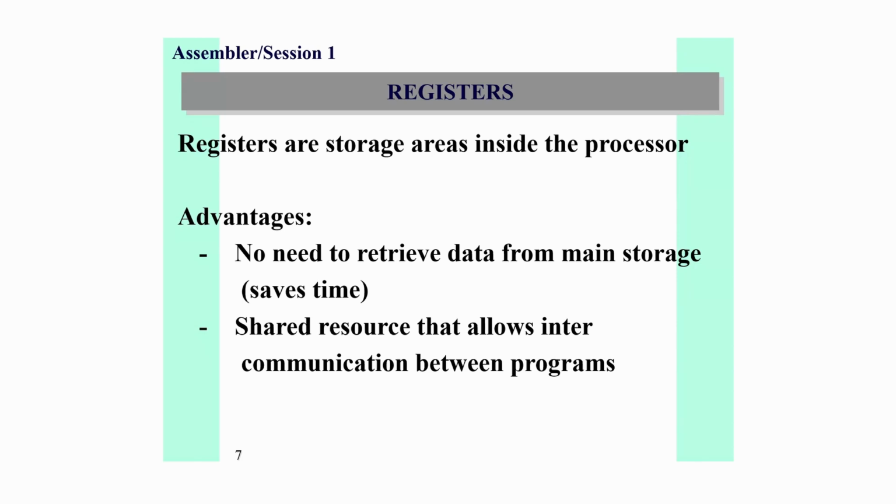But you won't be directly involved with the registers in COBOL. But in assembler, you are responsible to interact with the registers to make your work done. So that is another important difference between assembler and COBOL.